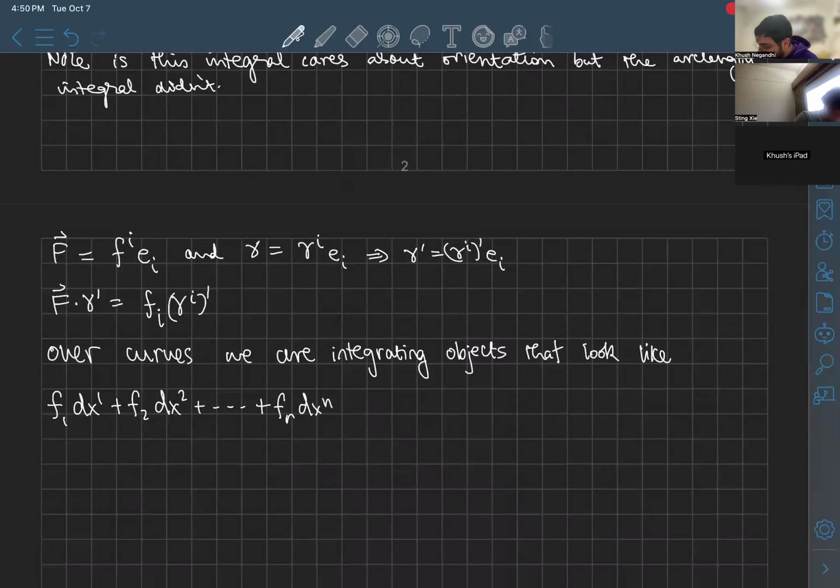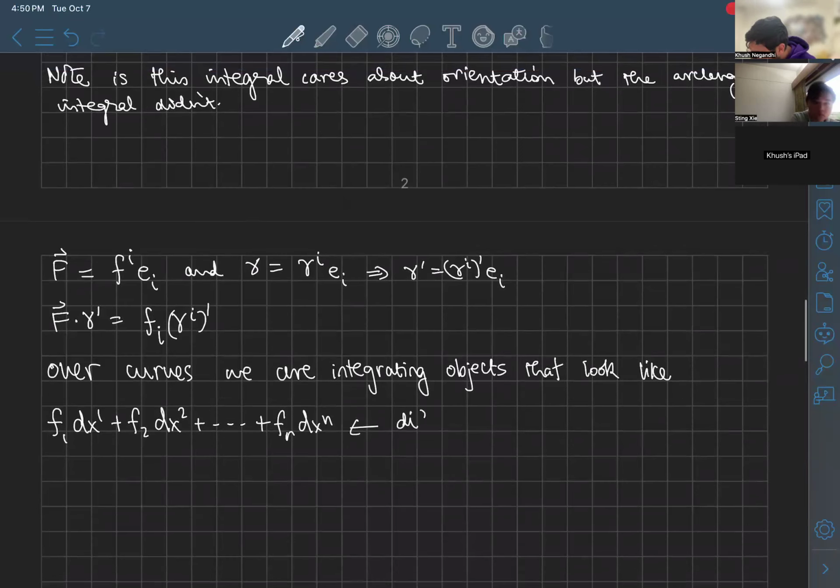Now, these objects are called differential forms. One way to think about differential forms is as an infinitesimal change in the thing. But this is not a useful way to look at it when you're talking about manifolds in general.